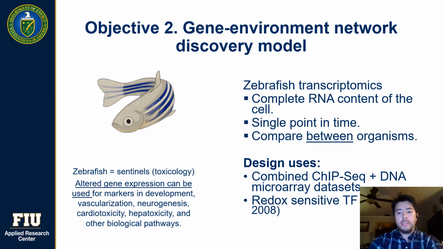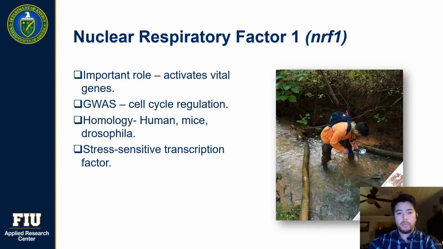My design uses a combined ChIP-seq and DNA microarray in which I'm downloading data sets from public repositories. I'm also using a redox sensitive transcription factor, well known as an environmentally sensitive transcription factor.